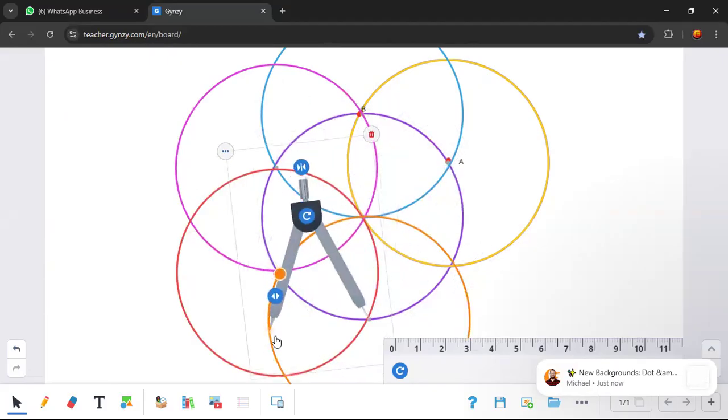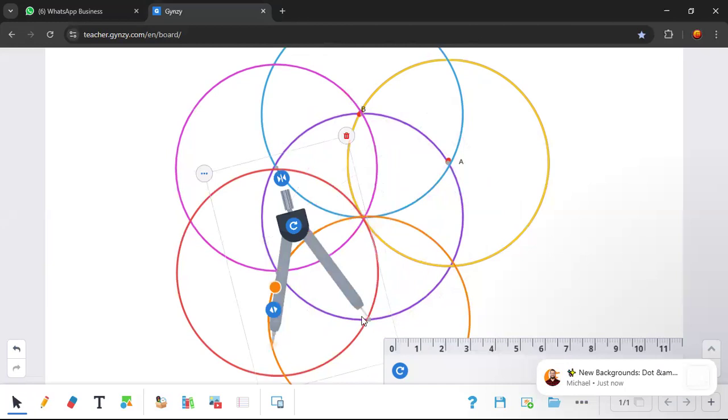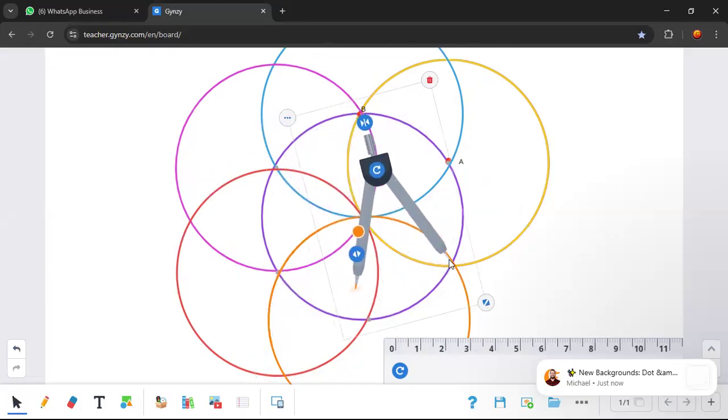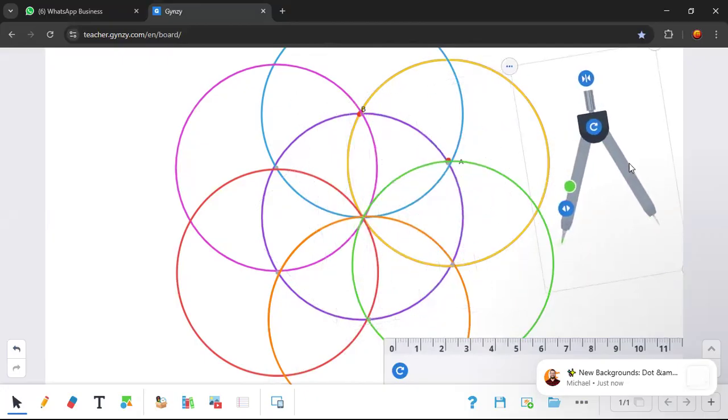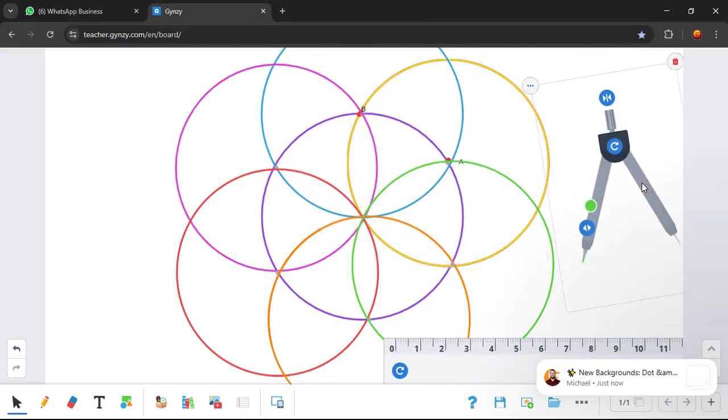And I have to draw one more, so here I will use green. Okay, I have completed.